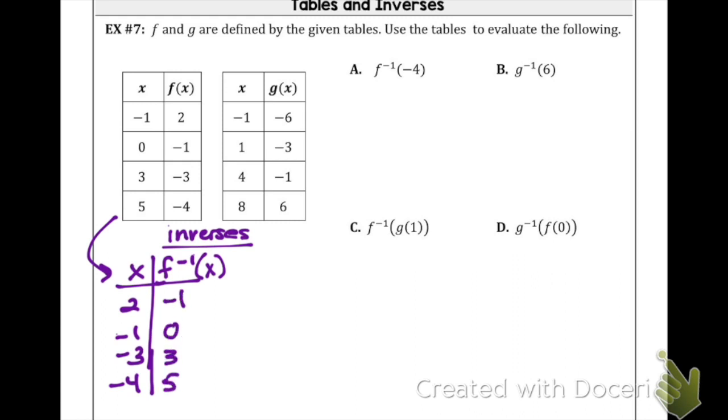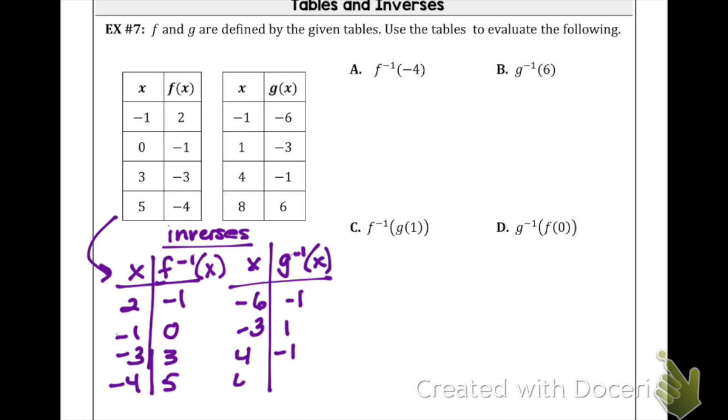And then I can do the same thing for g. So x, and then outputs of the inverse would just be all of the x's of the domain. So flipping the g function would get us -6, -1, -3, 1, 4, -1, 6, 8. So now I have my regular f, I have my regular g, I have my inverse f, I have my inverse g.